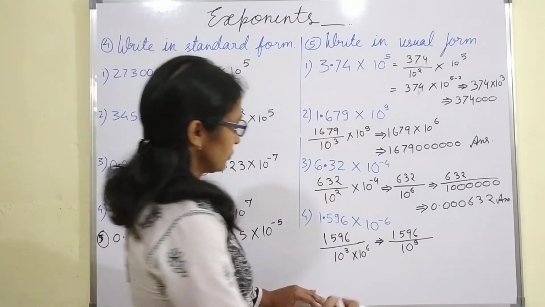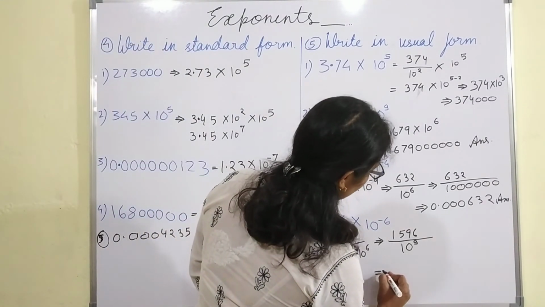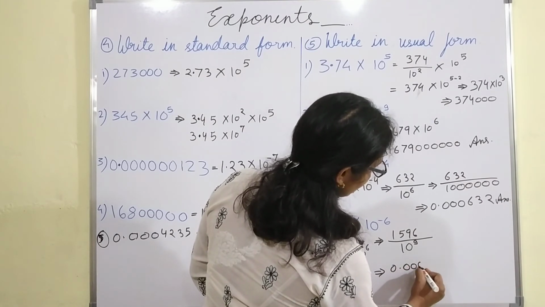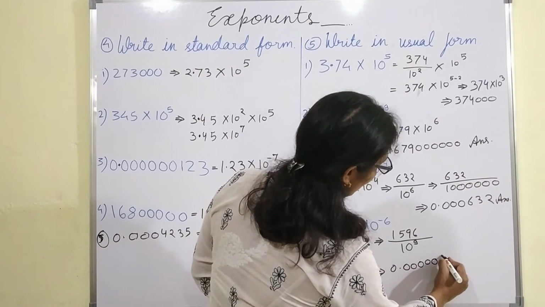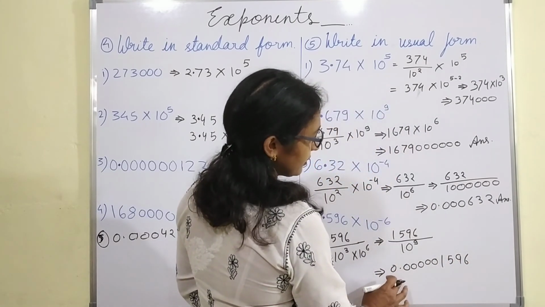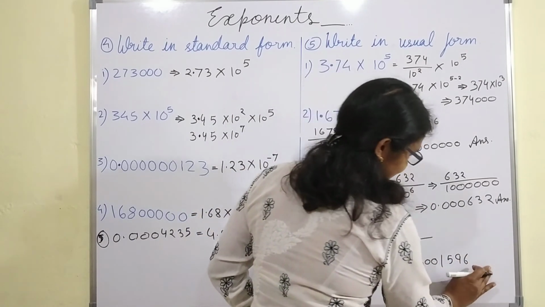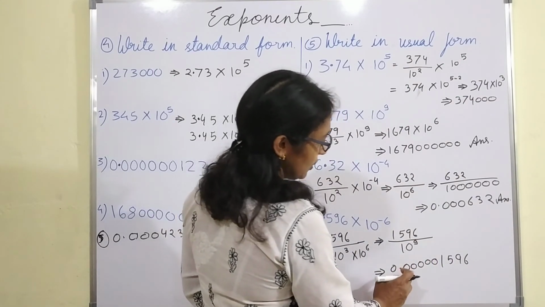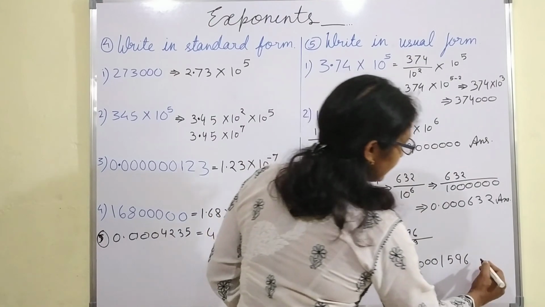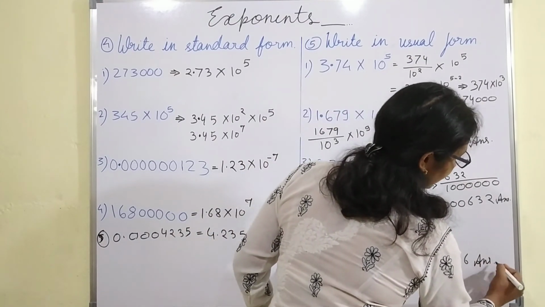So your answer will be 0.000001596. Means on the right side of the decimal there should be 9 digits. So 1, 2, 3, 4, 5, 6, 7, 8, 9. So it's your answer.